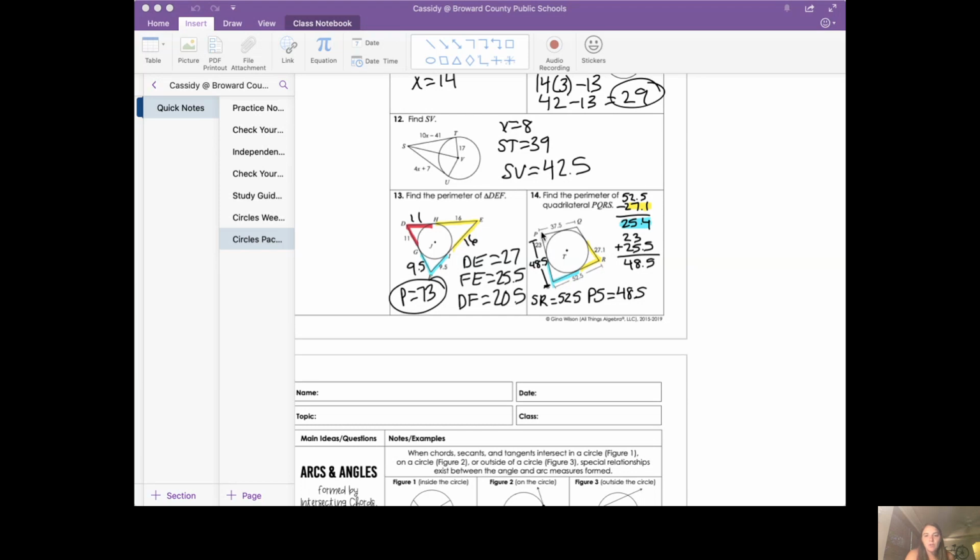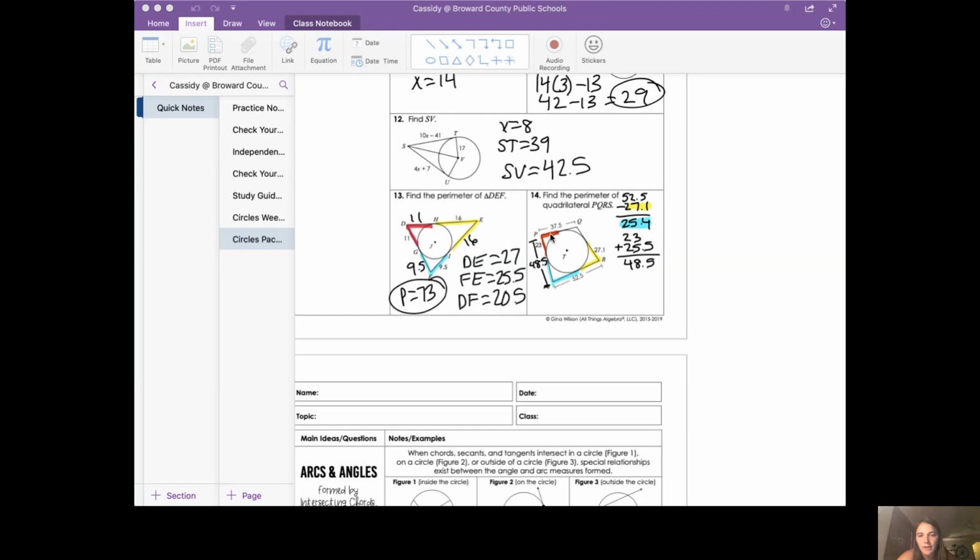For this part, to find QR, we know that 37.5, I'm going to erase this part down here. 37.5 minus 23 equals 14.5, because if this is 23, we know this is 23.